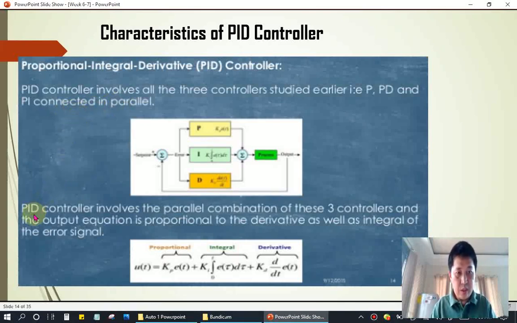So the PID controller involves the parallel combination of three controllers, and the output equation is proportional to the derivative as well as the integral of the error signal. So this is the equation, and this is the diagram.